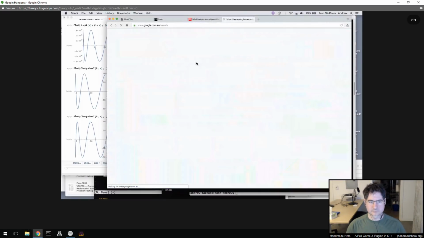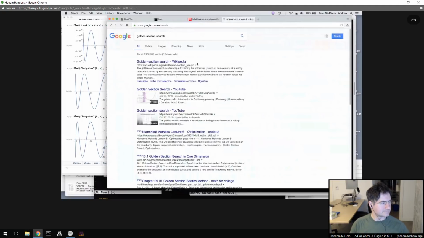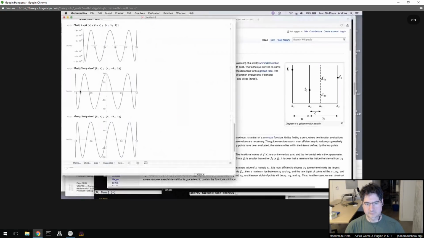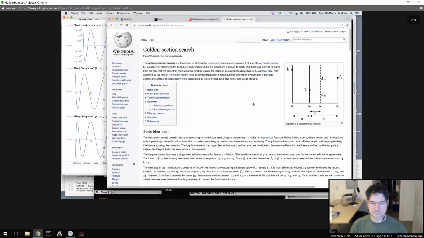Golden section search is a technique for finding a minimum or maximum of a strictly unimodal function. This error function is going to be unimodal, shaped like a loop like this or a loop like this, between two roots of the function. So it is unimodal in that range, and you can use golden section search if you want to do something really principled.